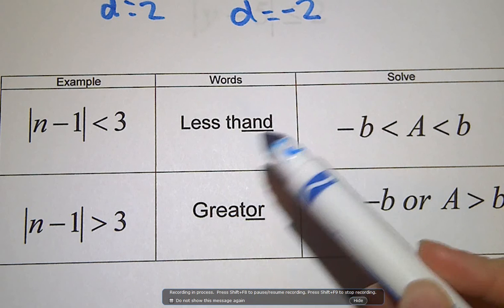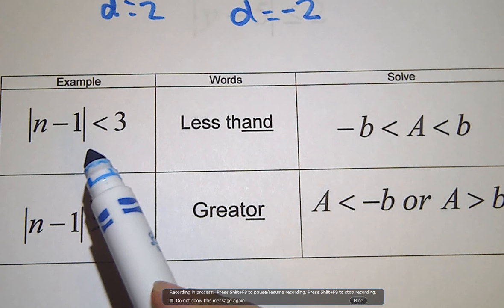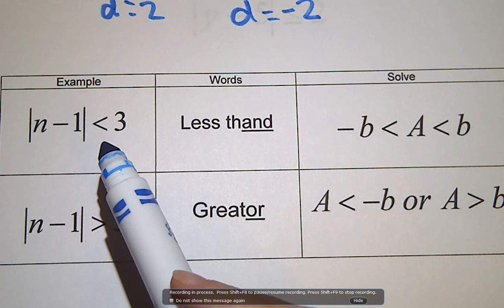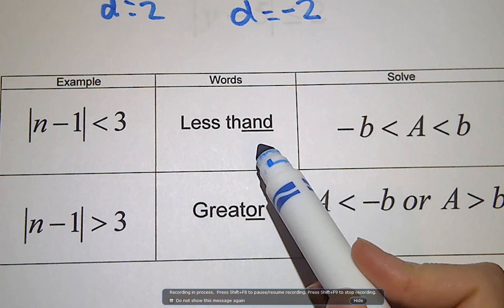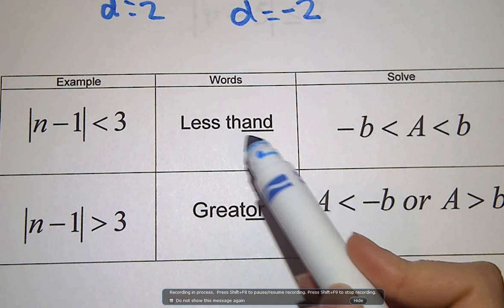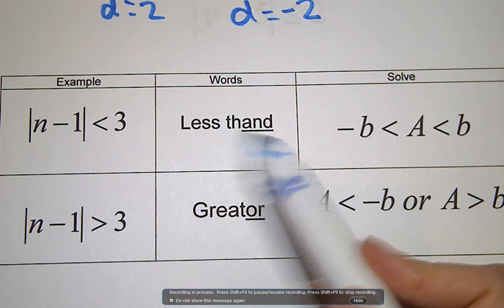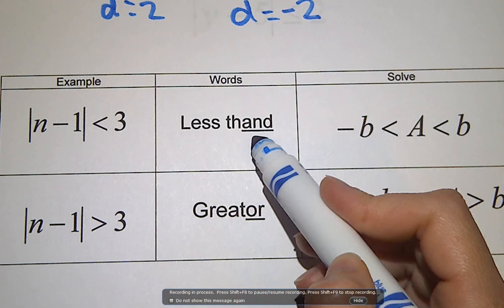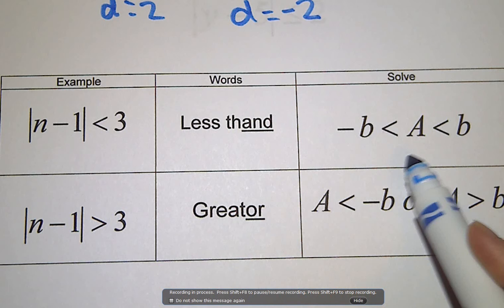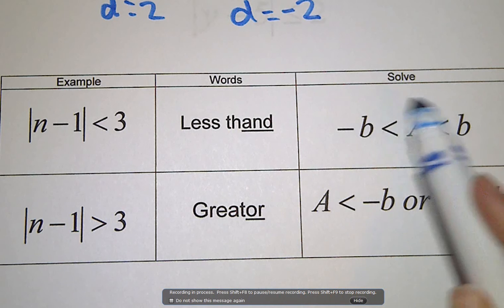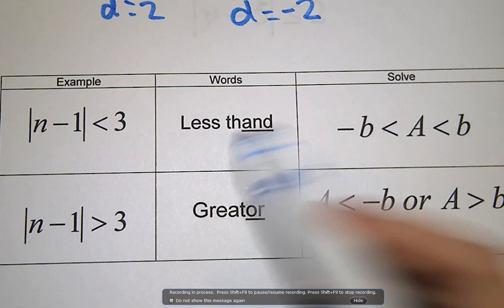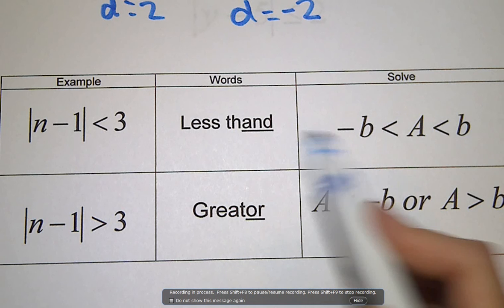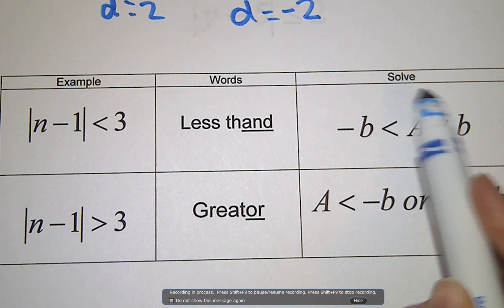Since this is a less than, I underline the word and, because the way that you're going to solve an absolute value inequality with a less than sign is to solve a compound inequality for and. So you can remember it because it's less than. So we're solving the and compound inequality.